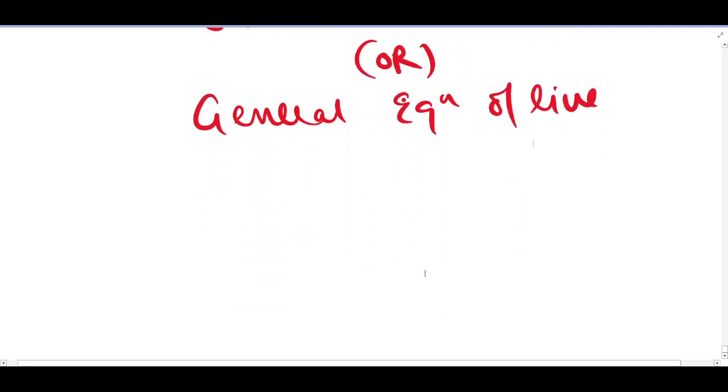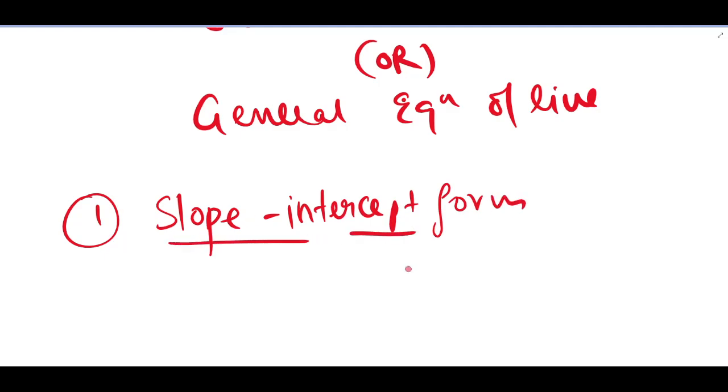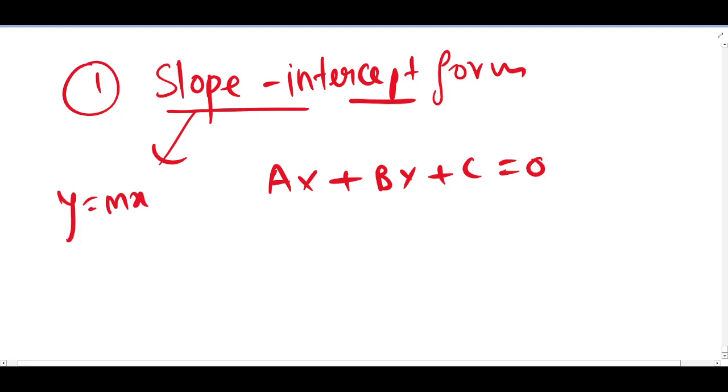First is the slope-intercept form of the general equation of a line. If we rearrange the terms of ax plus by plus c, what is the slope-intercept form? y is equal to mx plus c.